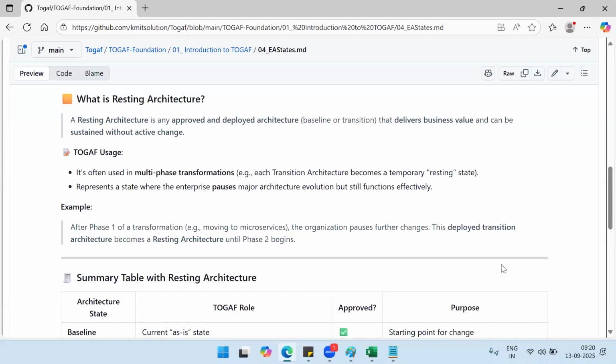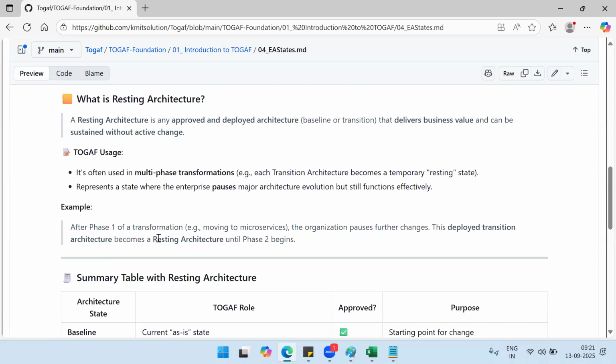So, for example, there is a pause. The client has mentioned, no, let's run with whatever state we have. So, in that case, your transition architecture becomes the resting state. Okay, it represents the state where the enterprise pauses major architecture evolution but still functions effectively.